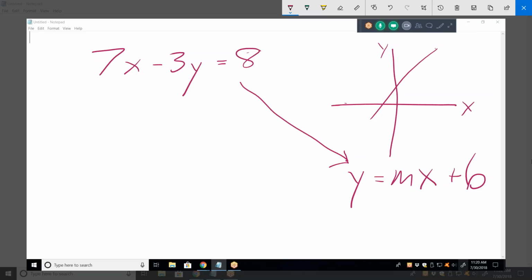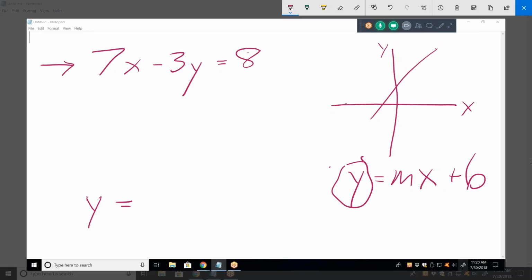When I'm solving for y, I want the last line of the equation to be y equals something. Right now, I have 7x minus 3y equals 8. So how can I manipulate that so that I get y equals something?